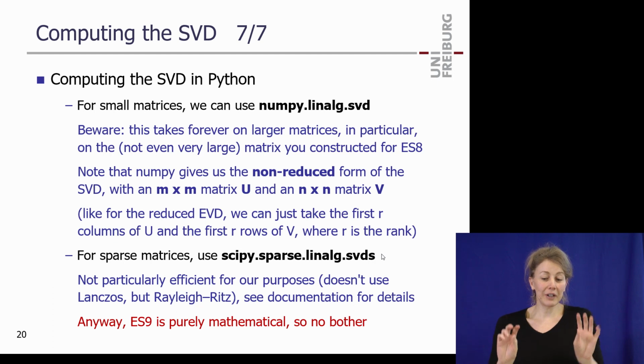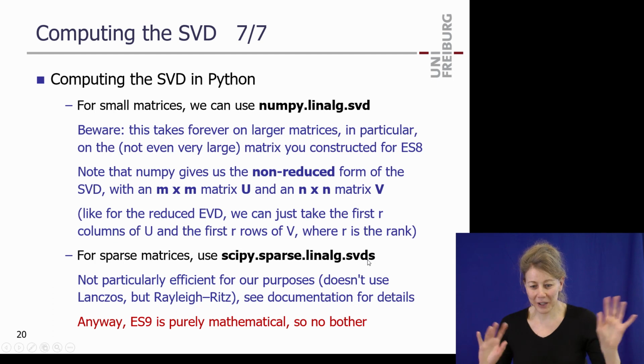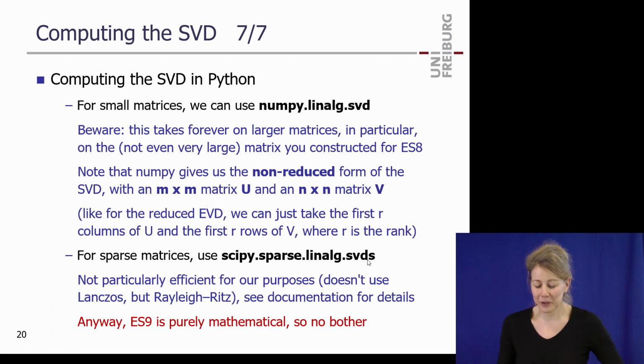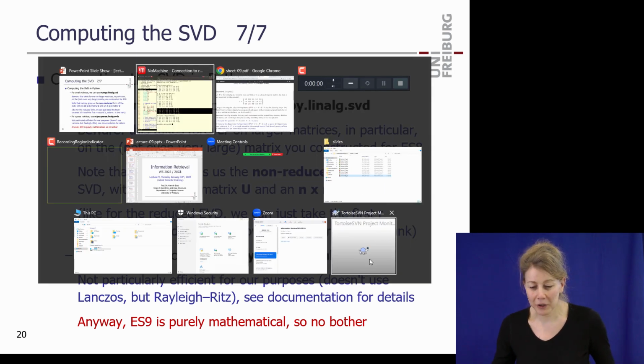But if you just implement this, then you can implement it without understanding anything, right? That's the problem. You just call SciPy sparse linalg SVD, you do the matrix calculation, but you don't really understand how it works. That's why I think a math sheet where you actually calculate is better. So let me go once more here.